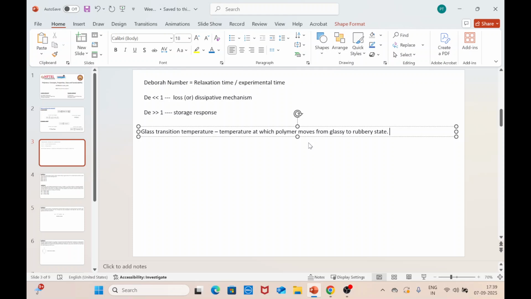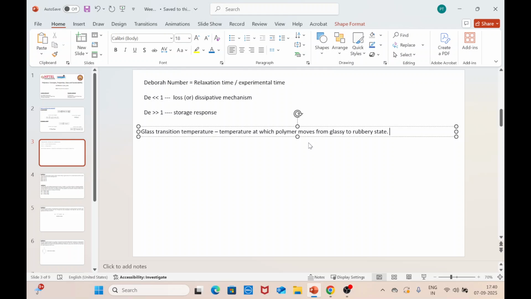It's not that the entire macromolecule is actually moving like a fluid. So we only talk about the segmental motion of the macromolecule, and the fluid flow-like behavior actually starts beyond the glass transition temperature.